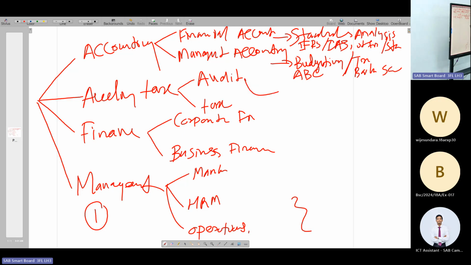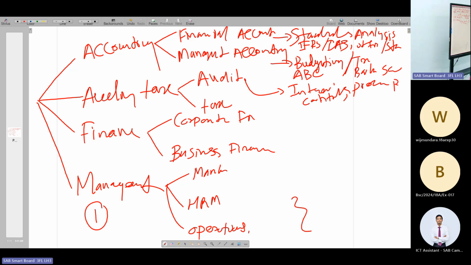If it is auditing, what may be the sub areas? Internal control. What else? Procurement process.